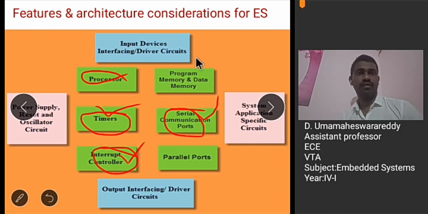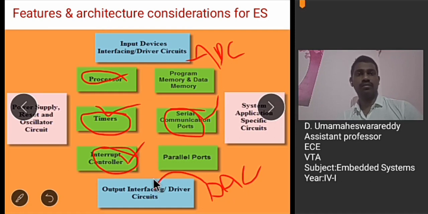For this conversion process, analog to digital converters are used. Next, DACs, digital to analog converters. These are used for converting the digital values processed by the microcontroller or microprocessor back into analog values which are given to the actuators or output devices. Understand? This is about the peripherals and communication interfaces.